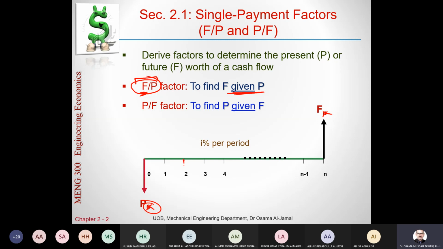We can have P in here, or anytime just before that N, even here N minus 1. It's a present for that future. The cash flow diagram, what you need to have in there? It's a line like what we mentioned in the previous lectures.